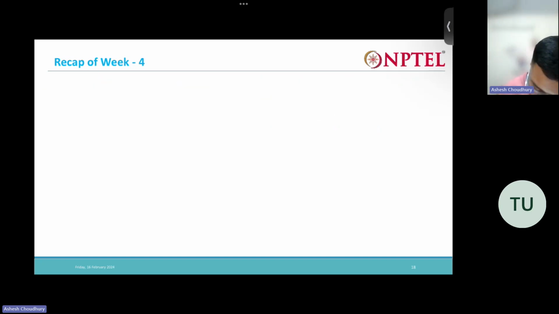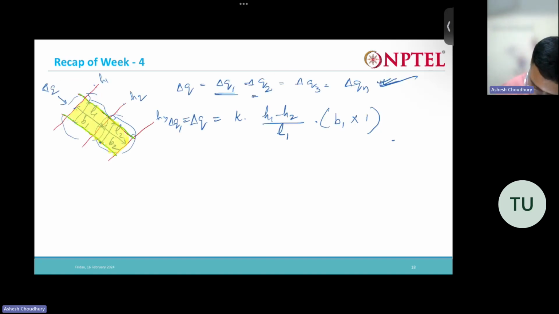If it is a square, then b1 is equal to L1. So we can write K times (H1 minus H2) by L1 into L1. Right. So K into H1 minus H2.